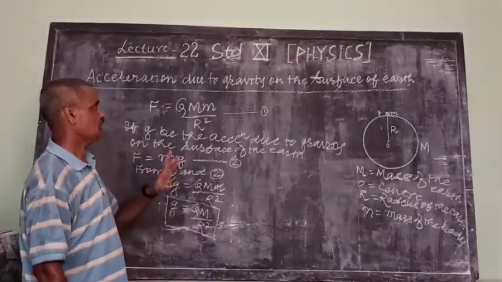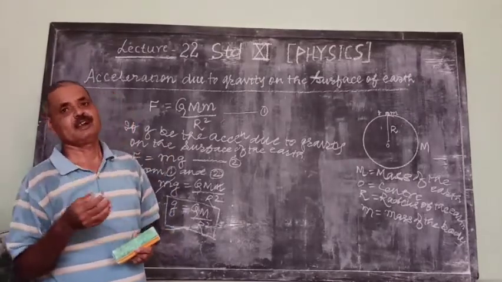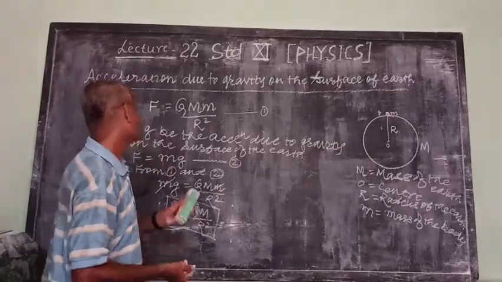Now we have to calculate two more items, that is mass and density of the Earth.